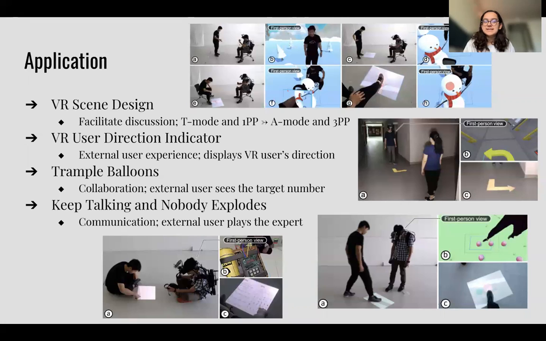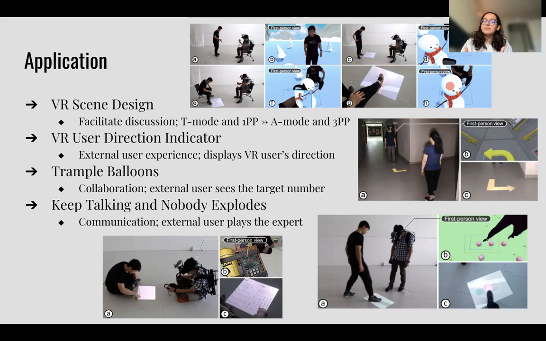First is VR scene design, which talks about facilitating discussion. In this mode, they described a scenario where a VR user would be brainstorming on how to make a snowman in VR, and then an external user would come in and talk to them about how he could help out.